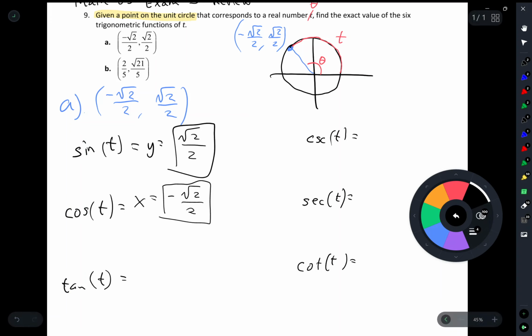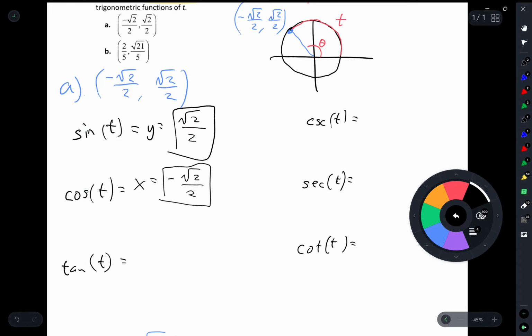And then tangent of t, the definition of tangent of t is y over x, which again, you could just do as y, which is root 2 over 2, times the reciprocal of whatever is in your denominator, in this case x.